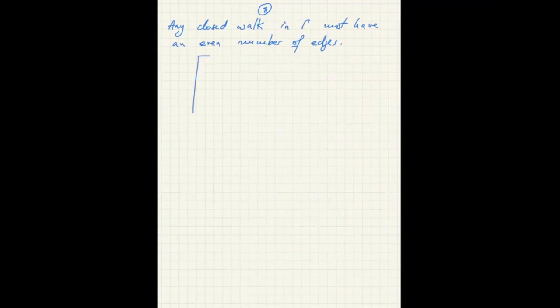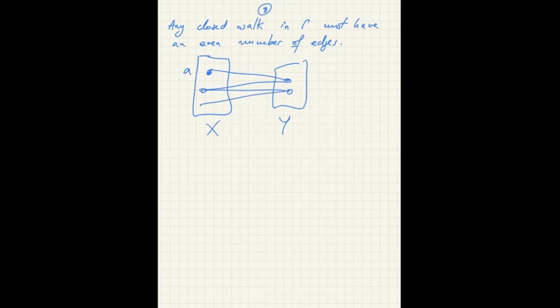Because again, you have this picture, this is X, this is Y. If you start with a vertex here, let's call it A, and you want to come back to X, you have to do a multiple of 2 steps, every time. So the only way you can come back to A is after an even number of steps. That's the property of any closed walk, not just a cycle.